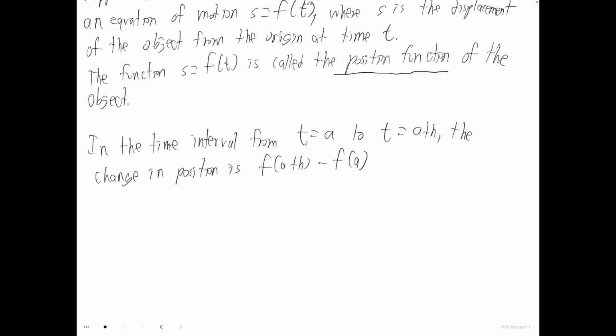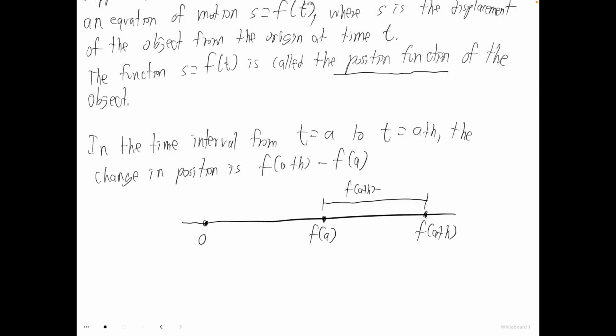A way of picturing that is if you think of a straight line that we're moving along, we have some position 0 down here. Then at time a, we're right here, and then h seconds later, or h time later, it doesn't have to be seconds, we're over here, and we're just computing this distance. So our change in position is literally f of a plus h minus f of a.